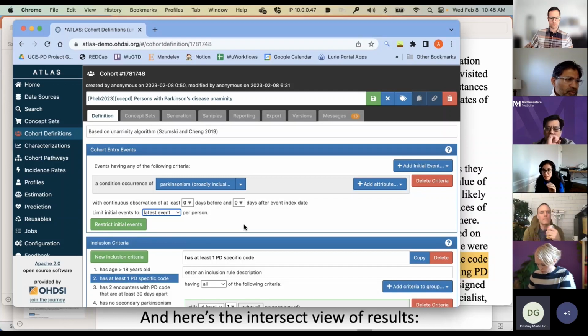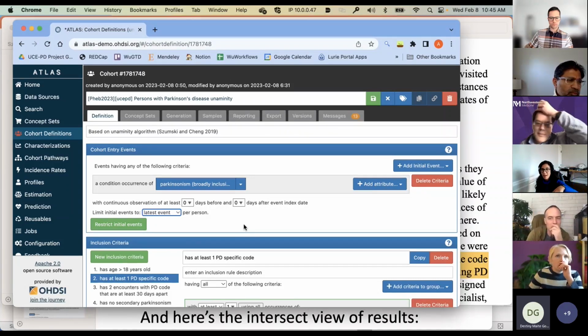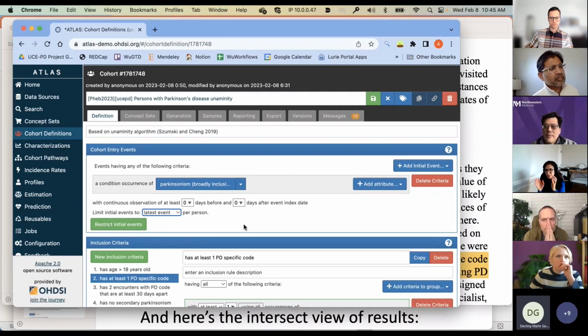Is it the time they meet your full criteria? Is it the time of the last visit, or is it the first time they have that diagnosis and then you pull the criteria in the future? When do you want that label to happen? Yeah, I think for the phenotype, you would take advantage of all the data that's available and you would sit at the last observation and look back.